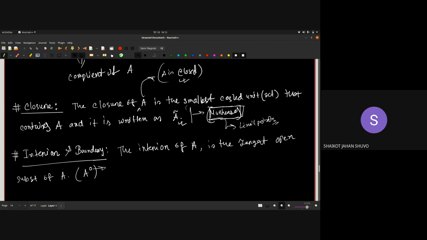The set A itself is closed, but within that closed set you can define some subsets, and the biggest subset, the largest subset which is open, is called the interior.